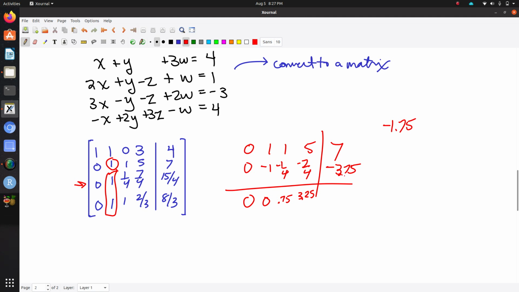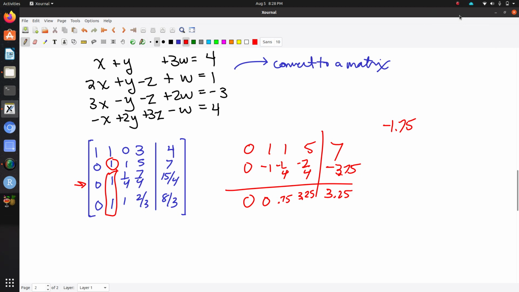And 7 minus 3.75 should be 3.25, I believe. Let me just double check this. Yeah, it looks good enough to me.